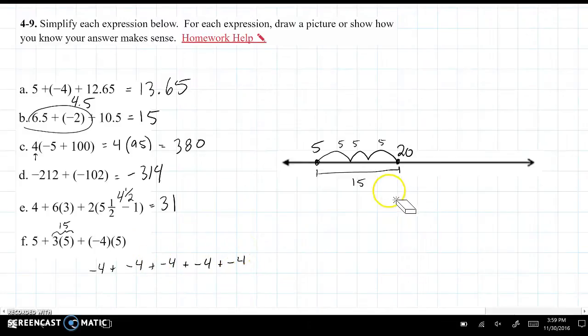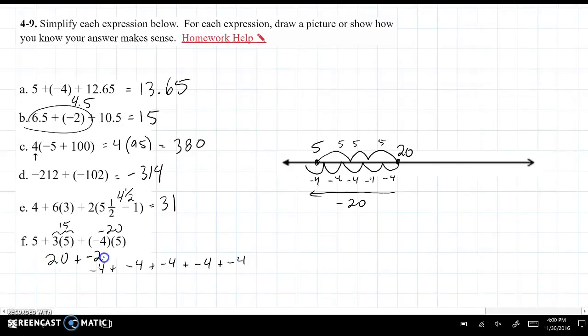So then I'm going backwards. -4 5 times. That makes -20. So if I started at 5 and added 15, and then I'm adding -20, so this was 20 here plus -20, we should get that we're back at 0.